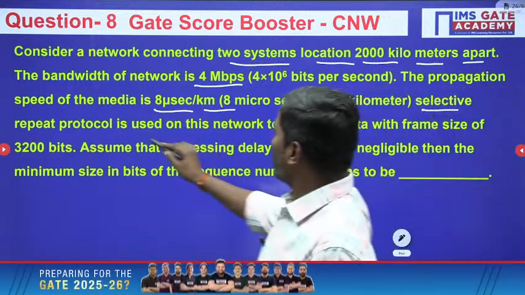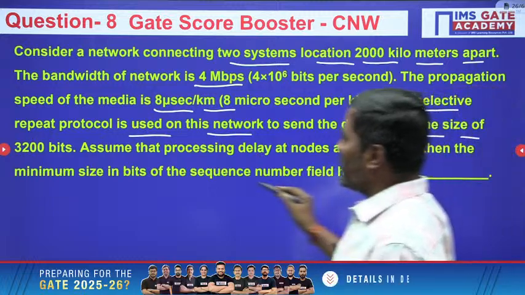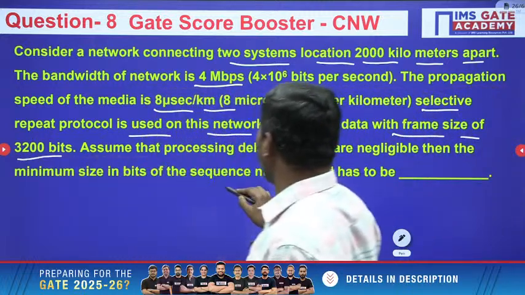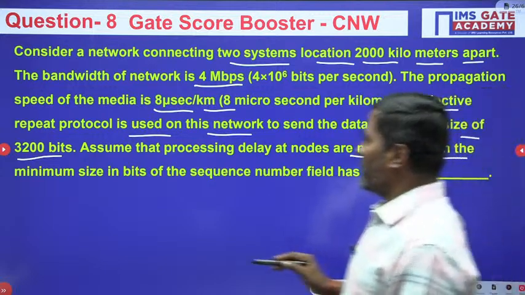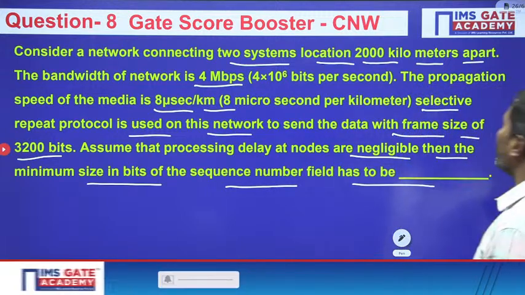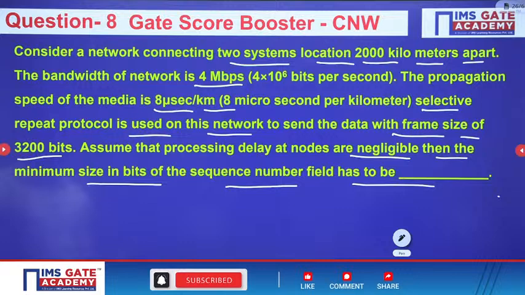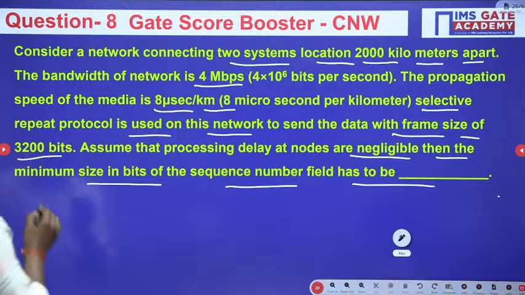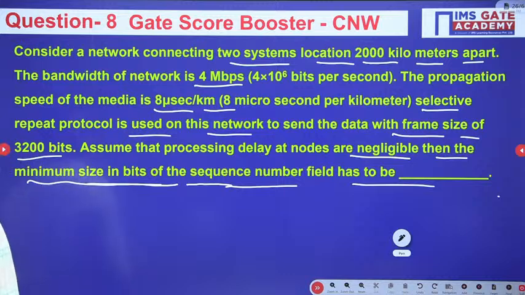Selective Repeat is used on this network to send data with a frame size of 3200 bits. Assume that processing delay at nodes is neglected. Then the minimum number of bits of the sequence number field in the SR protocol is what? Minimum number of sequence bits required to transmit this.